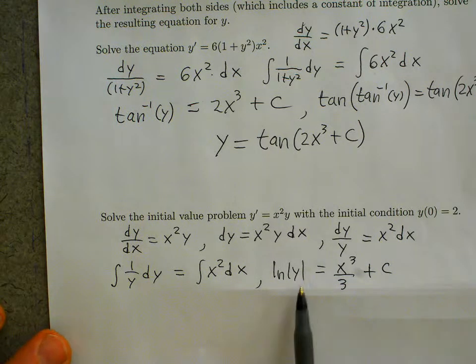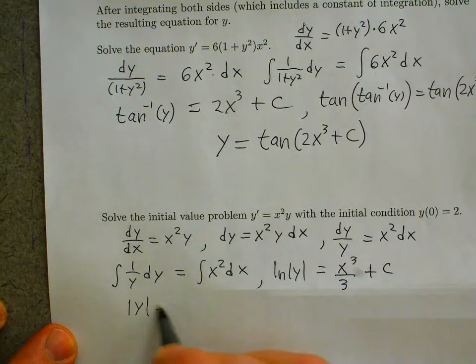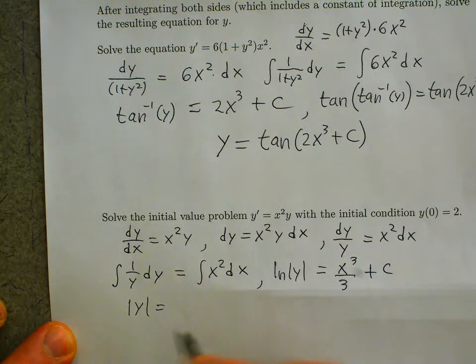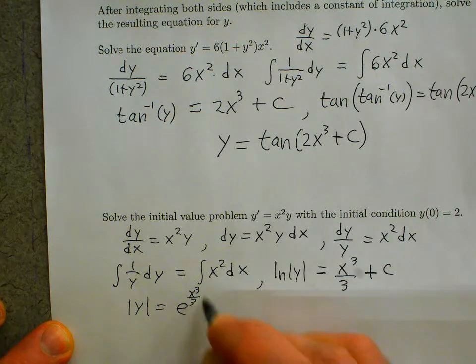Okay, we want to solve for y, so the absolute value of y is e to the x to the third over 3 plus the constant.